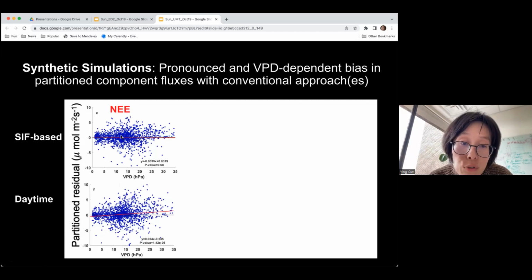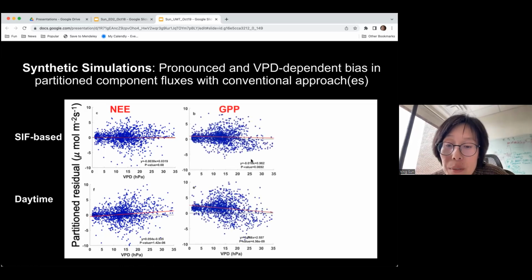This is true for both the SIF-based approach and the daytime-based approach, but you can see a dependence on VPD, the vapor pressure deficit, if using the conventional approach, even though the VPD effect is already explicitly considered in its fitting function. In our case, we didn't consider any VPD, temperature, or other environmental impact in our fitting equation.